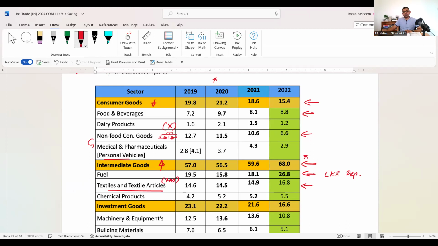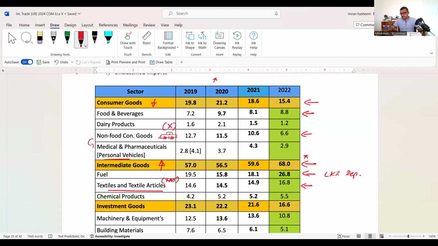So we import textiles and articles, we make the clothes and we export. So still our net amount, that is the export income minus the import expenditure on the raw materials, is positive and it's a big contributor to the export structure. But we have to keep in mind 16.8% worth of raw materials we import for what sector? Our biggest export sector.